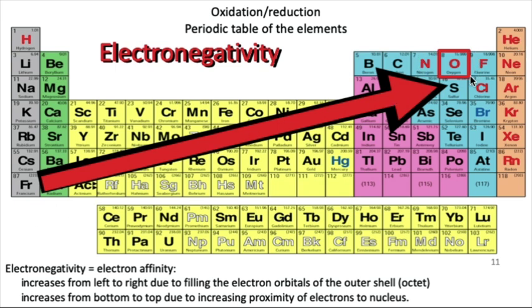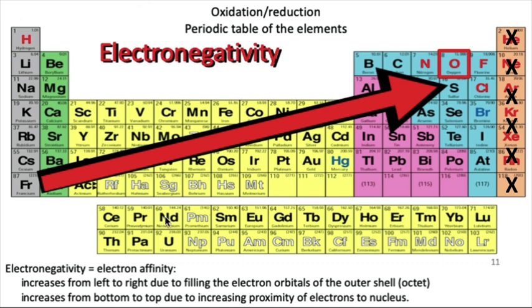And of course, oxygen here is right in that upper right-hand corner. The only atom that's more electronegative than oxygen is fluorine. And we can ignore the final column with these inert gases because they're inert. They essentially have a very low affinity for extra electrons. And by electronegativity, we mean electron affinity.